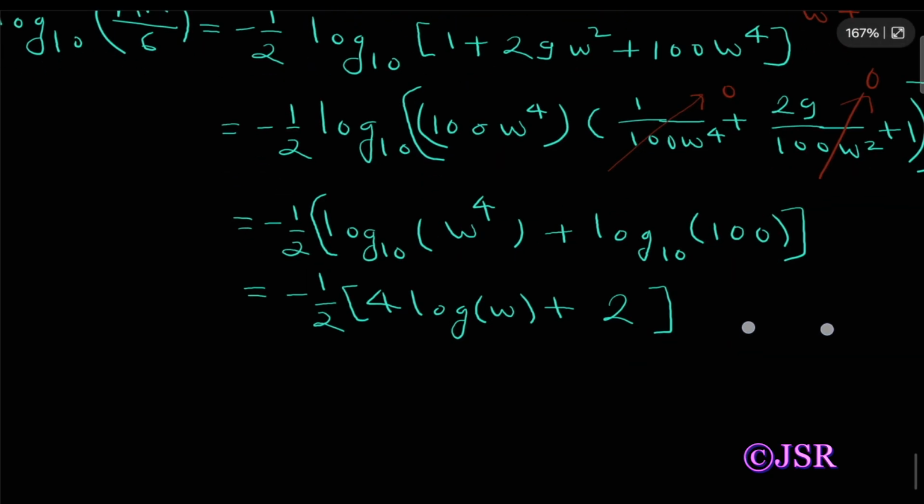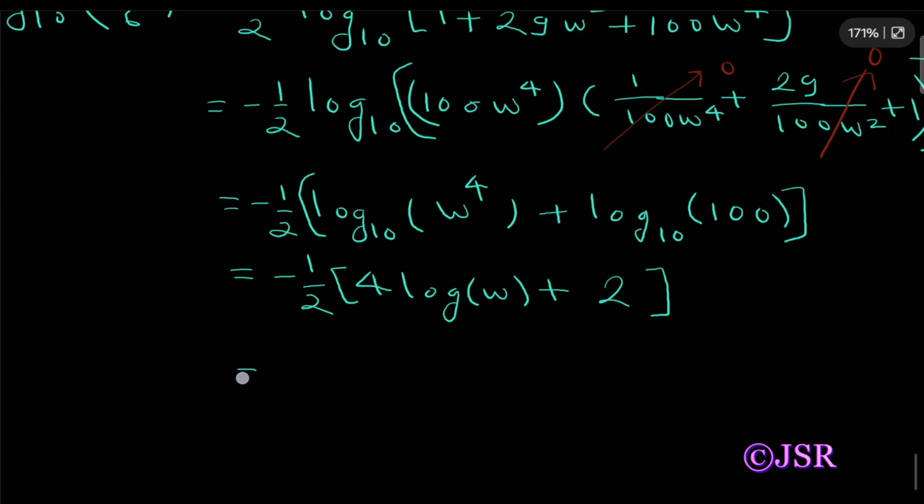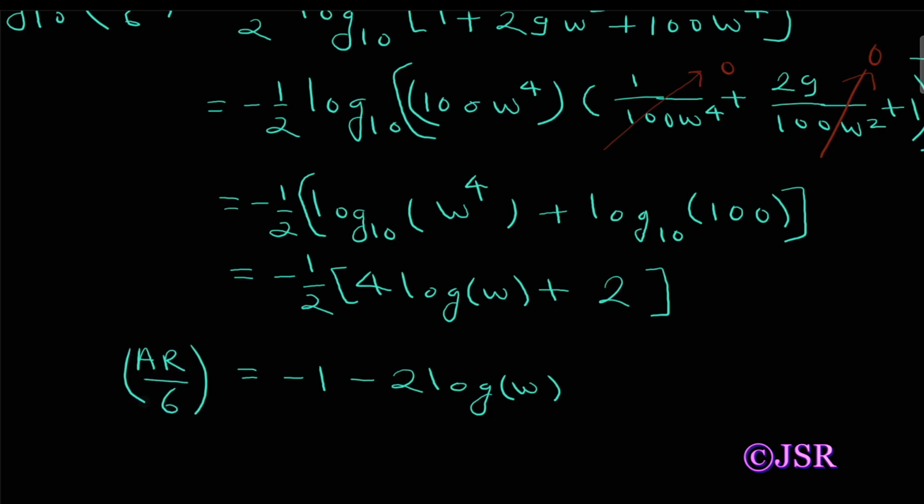After solving we will have minus 1 minus 2 log omega. This is AR by 6 when omega tends to infinity.